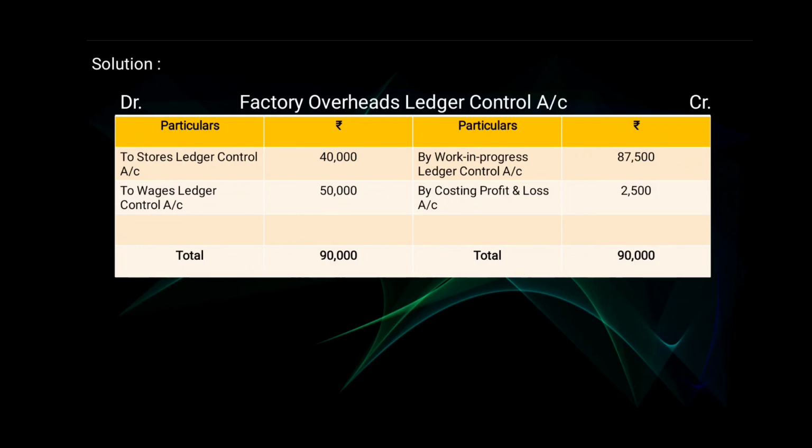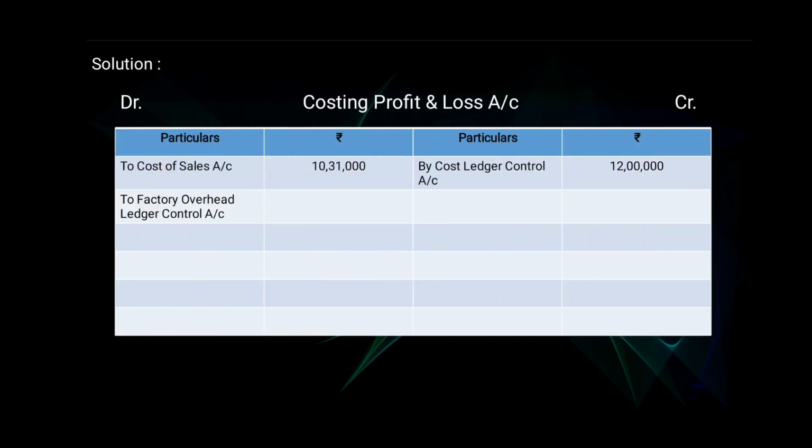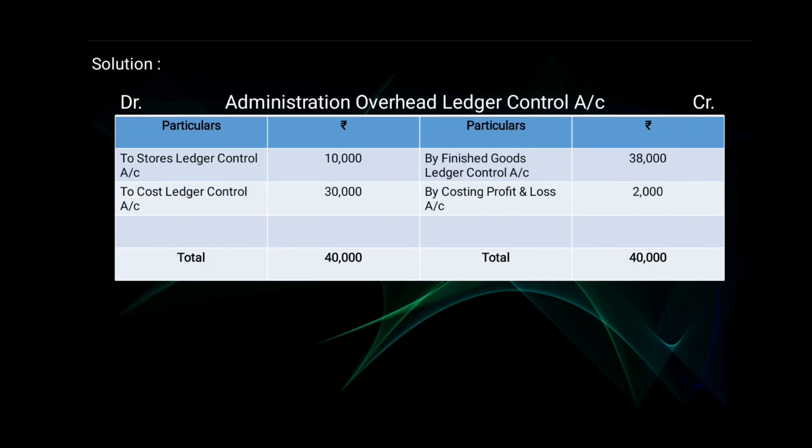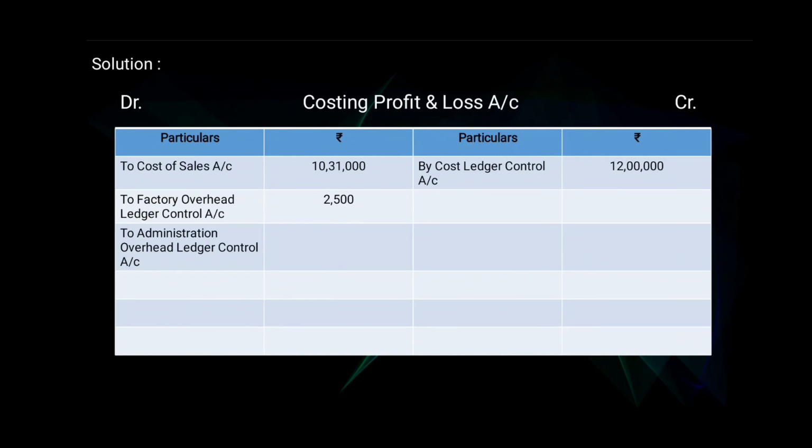And now in factory overheads ledger control account, the costing profit and loss account amount is 2,500, which will be transferred to costing profit and loss account. So to factory overhead ledger control account, amount will be 2,500. Next, in administration overhead ledger control account, the costing profit and loss amount will be transferred to costing profit and loss account, that is 2,000.